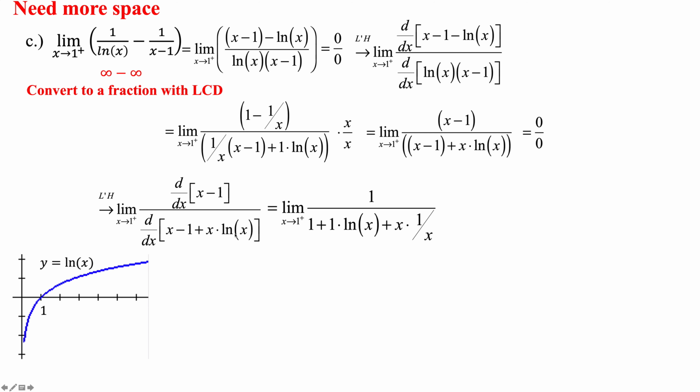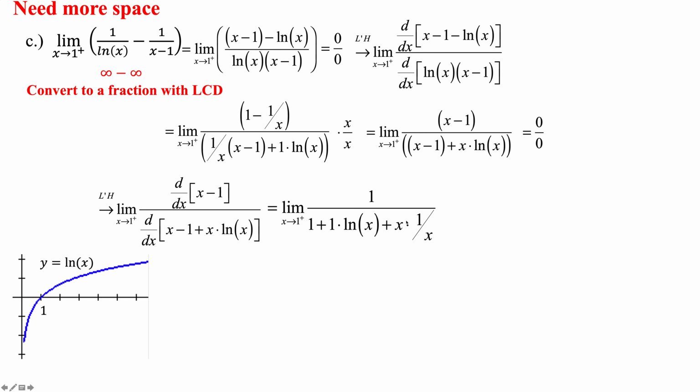Plus x times natural log of x, that'll be another product rule. So the derivative of x is 1 times the second function, natural log of x, plus x times the derivative of natural log of x, which is 1 over x. Well, those are going to cancel out. That's going to leave me a plus 1.